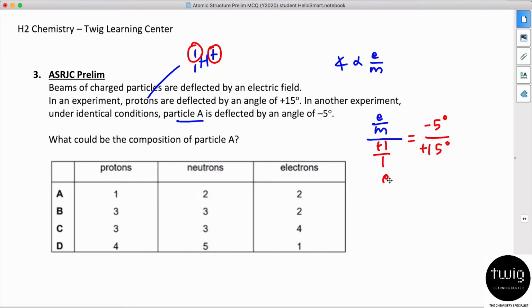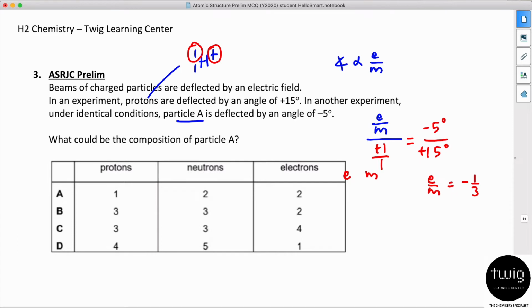So the charge over mass of particle A is -1/3. So look out for something whose charge over mass is -1/3. I'll write E for charge and mass over here.